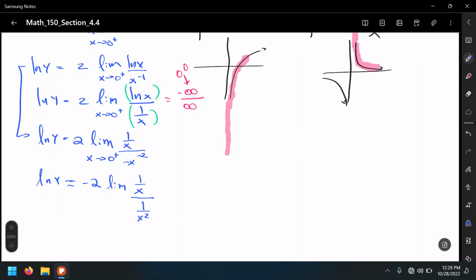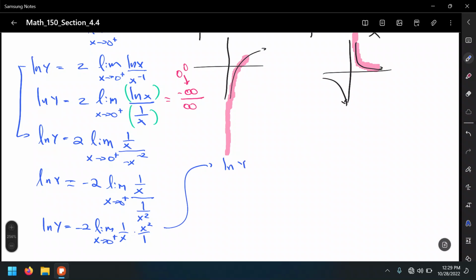Isn't it the same? Dividing by a fraction is the same as multiplying by the reciprocal. That is 1 over x times x squared over 1 as x approaches 0 from the right.